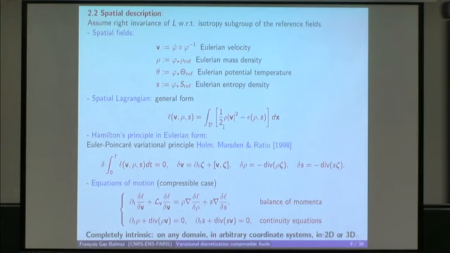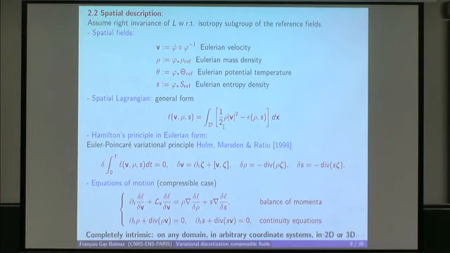You have here the kinetic energy of the compressible fluid, the mass density, and here the internal energy, right? You can think, for example, of a perfect gas, but any equation of state can be inserted. And I work here with the entropy density, not the specific entropy.